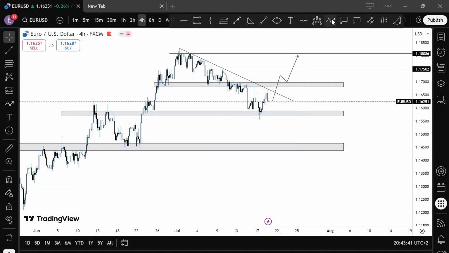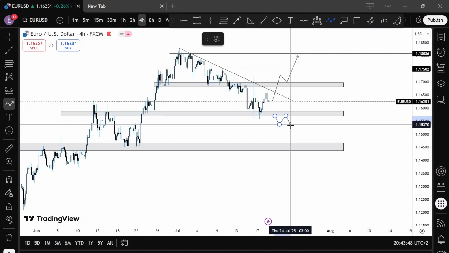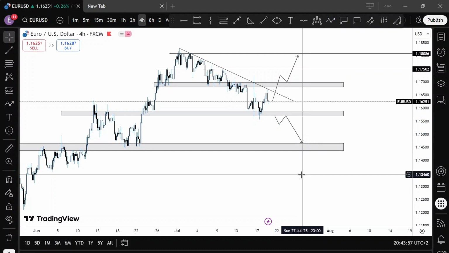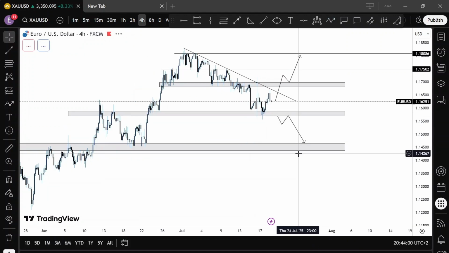And similarly to pound USD, if we want sales, we want to see price break back below these regions here, and that would run down to at least 1.1470 or touching 1.15 regions there. Alright, that's that for Euro USD.